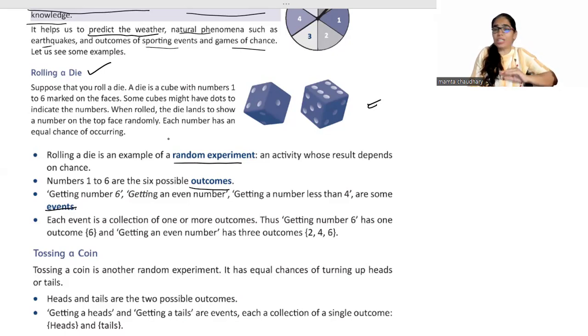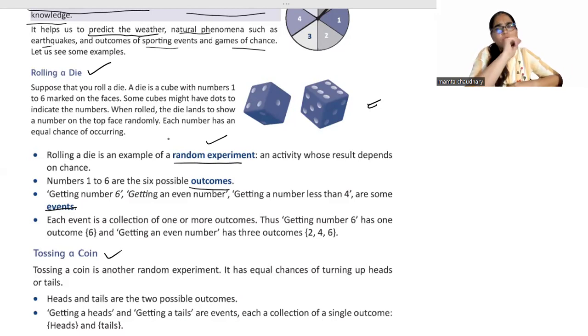It means there our interruption is nowhere. We don't know what will come. That type of experiment is called a random experiment. For example, tossing a coin. If I toss a coin, I don't know what will come. So that is again a random experiment.